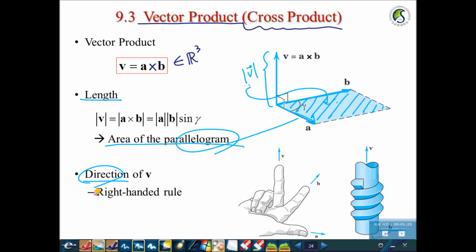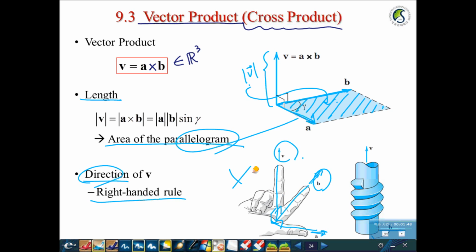For the direction of V, we decide to follow the right-handed rule. So if you have a right hand, the thumb is directing A, the index finger is B, and the middle finger is V, if they are orthogonal to each other, right? 90, 90, 90 to each other.